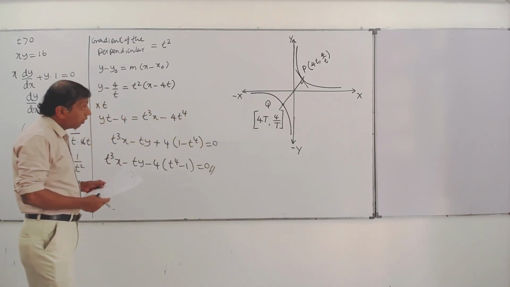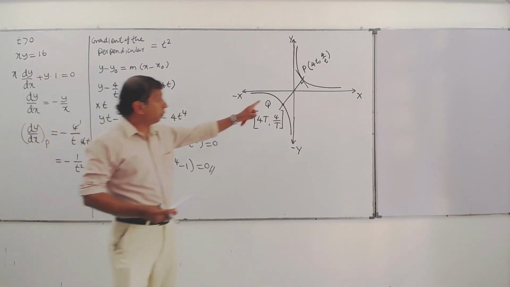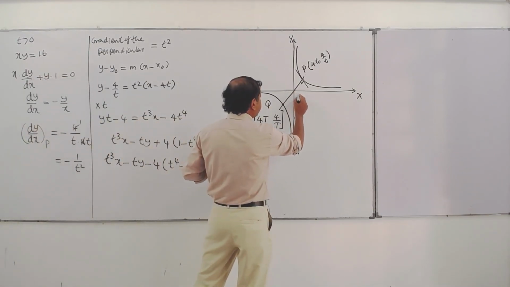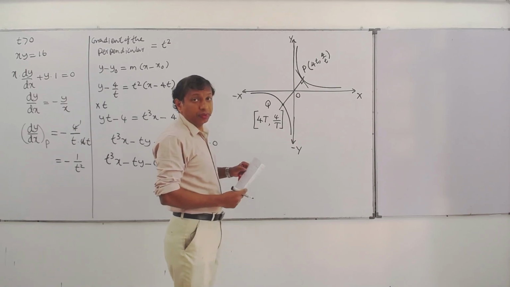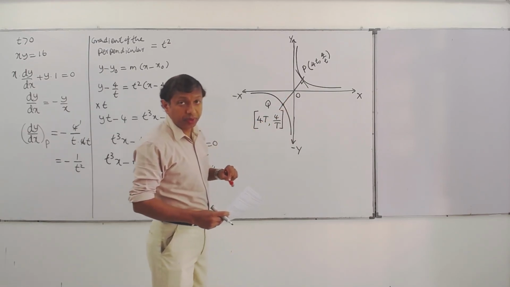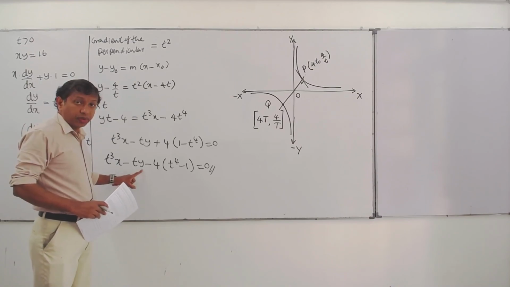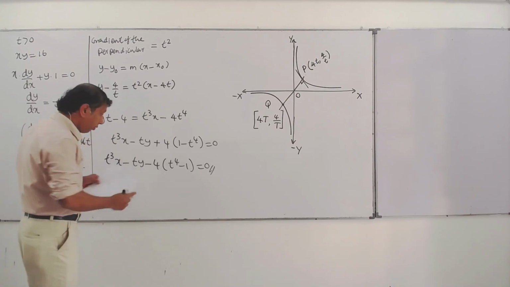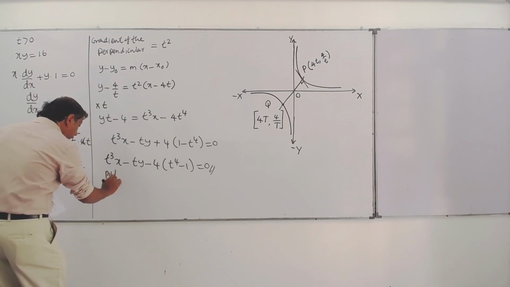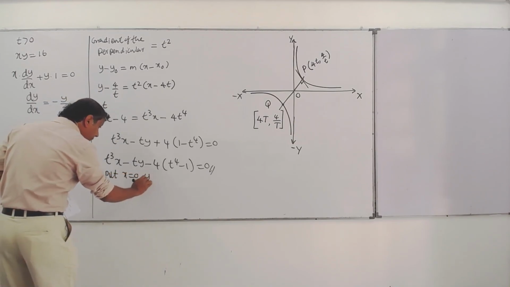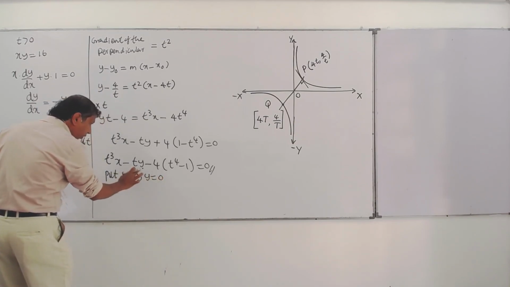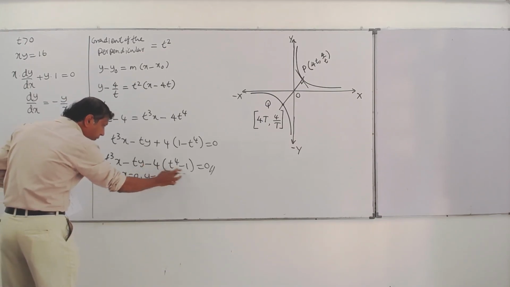Now first, we are given this perpendicular passes through the origin. That means (0, 0) is on this line. That means when you put 0 and 0 for x and y, this equation must be satisfied. We put x = 0, y = 0. Both will be 0. Then we get minus 4 into this equal to 0.